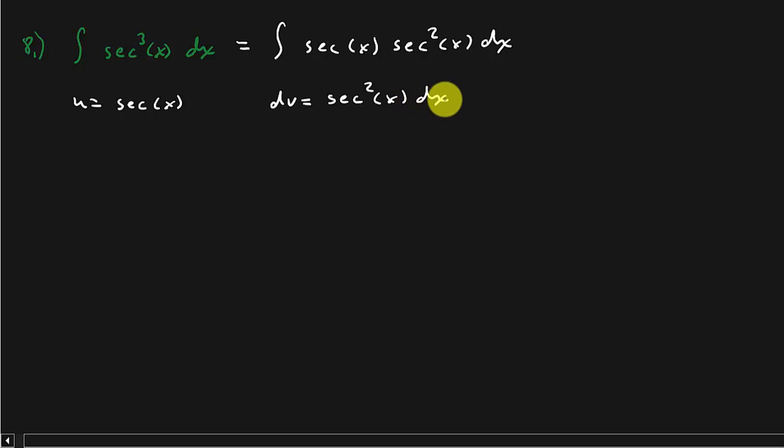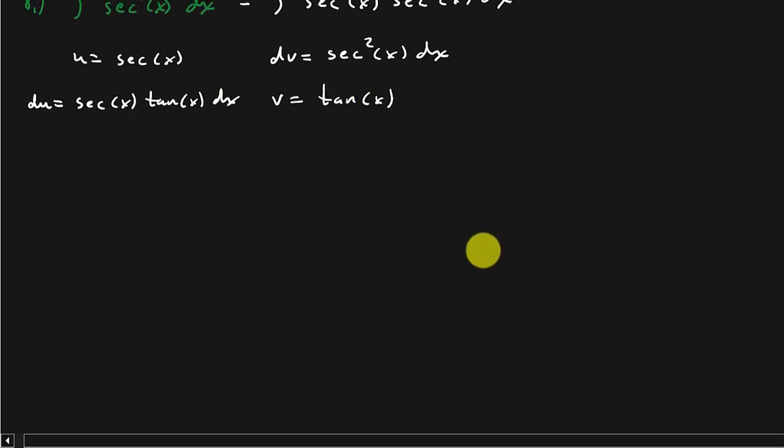Because the antiderivative of secant squared, we know that's tangent. Okay, so here we get du is equal to secant x tangent x dx, and v is tangent x.